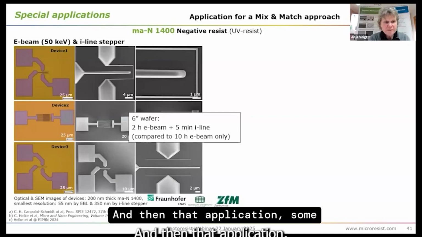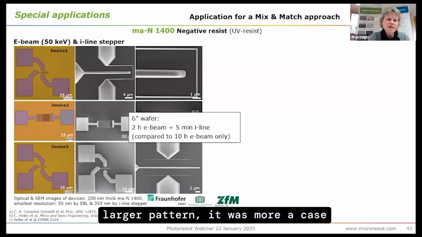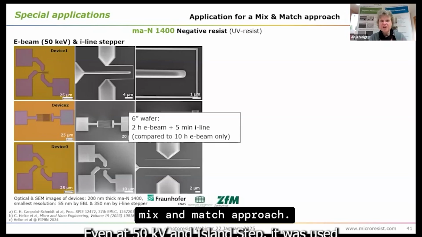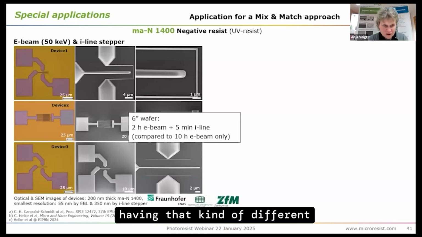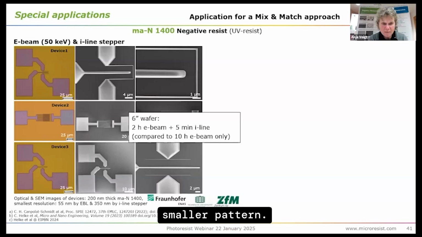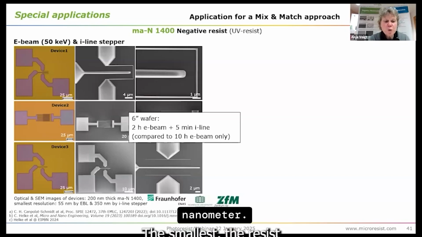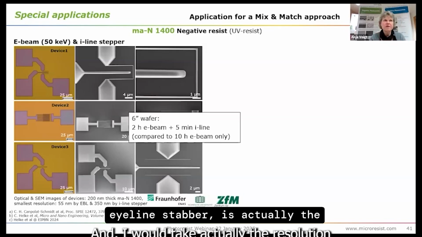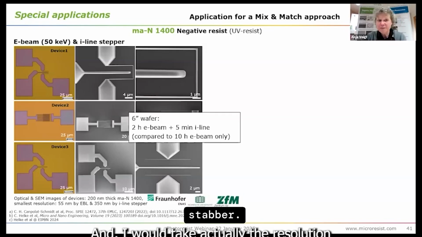And in that application, it was more a case study where E-beam at 50 kV and an I-line stepper were used for the mix and match approach, having different patterns, larger patterns besides smaller patterns. The resist thickness was about 200 nanometers, and by EBL 55 nanometers were generated and 350 nanometers by I-line stepper, which is actually the resolution limit of the I-line stepper.